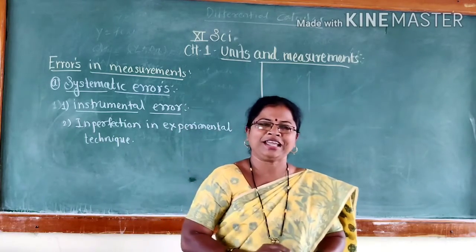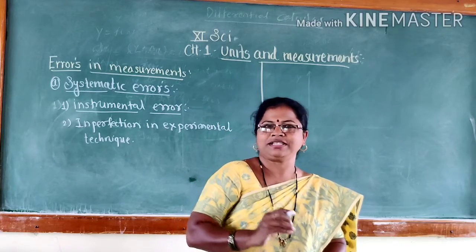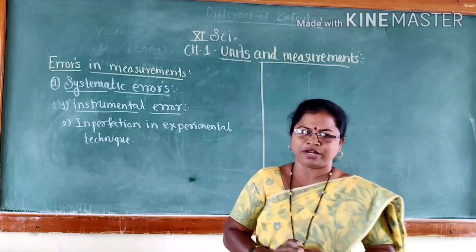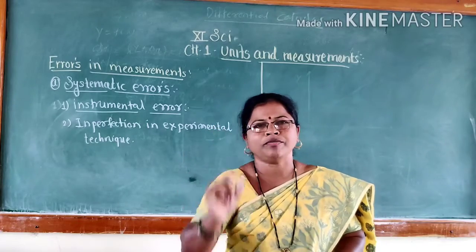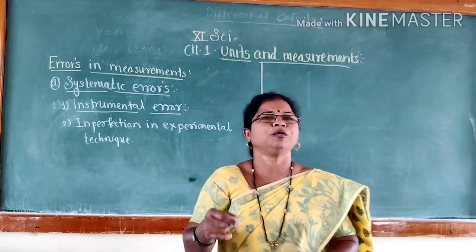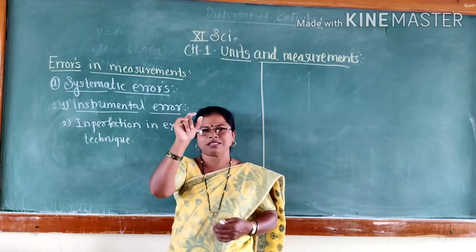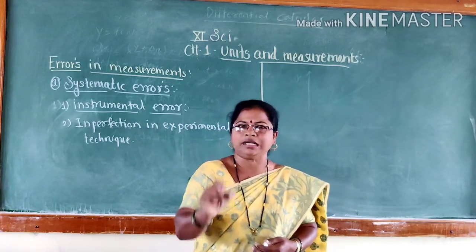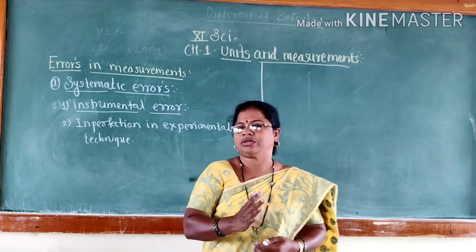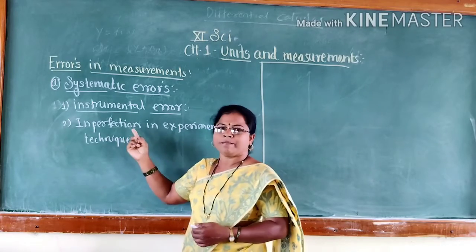If it is not correct, then there will be some defects, some errors. For example, we are taking the volume of liquid in a capillary. If it is not exactly straight, then that volume is not accurate. Then in such cases there are imperfections.